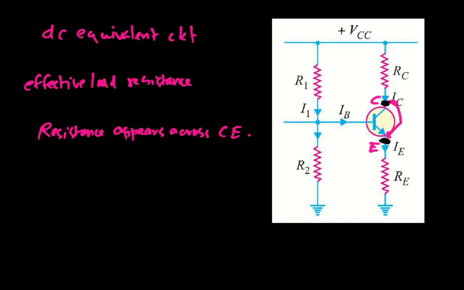also we have to short all the voltage sources. So we have to short this VCC. So if we short this VCC, then the resulting circuit will look like this.